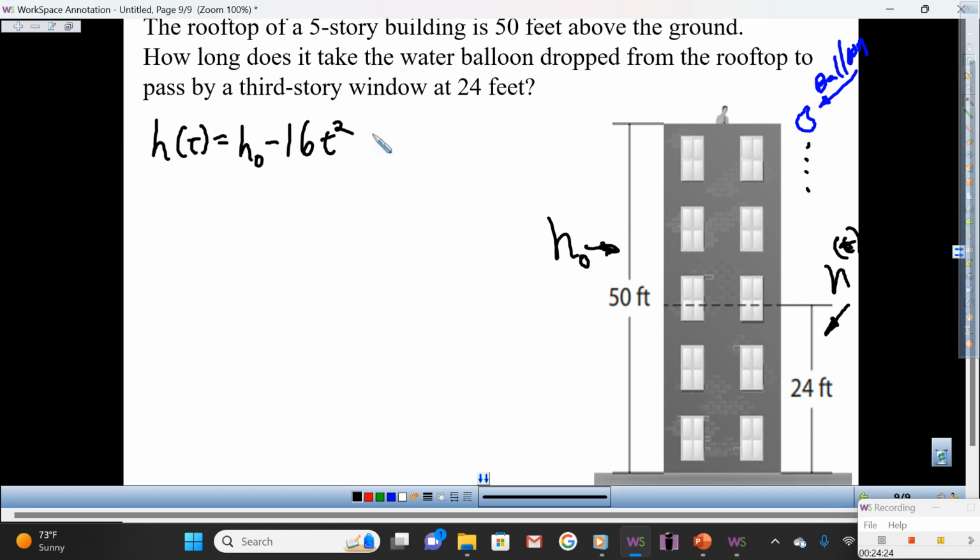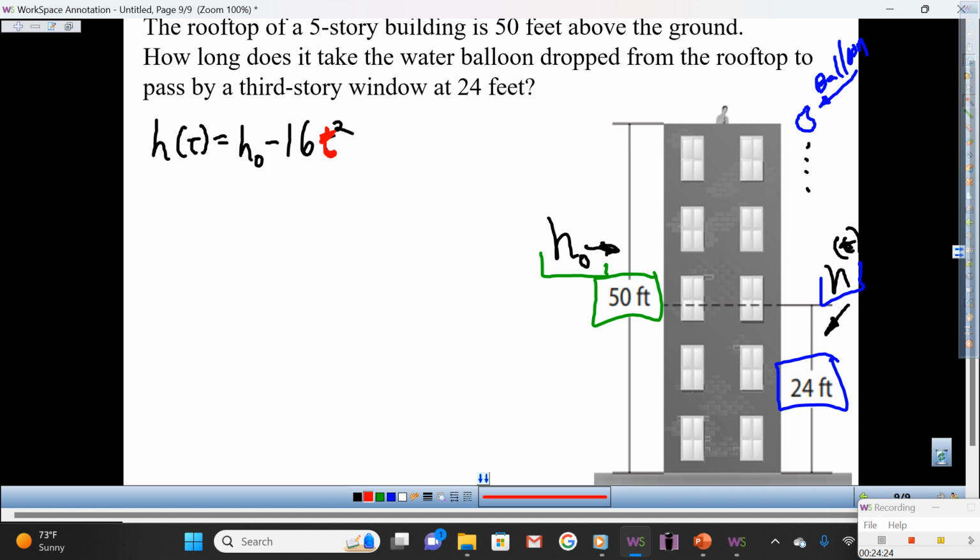Okay. So, to keep us organized, I'm going to label this one in green, this one in blue, and of course, the red is our time, t squared.